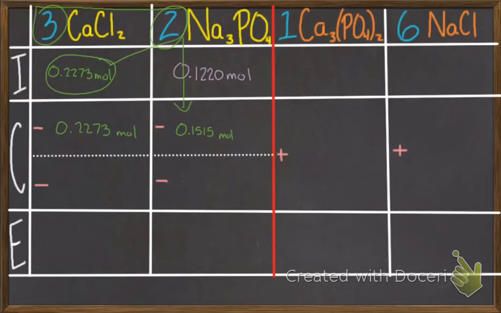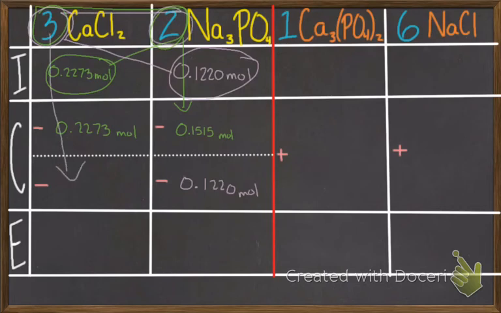So we're going to bring this 0.1220 moles down. And then we're going to evaluate it the same way we did the other one, except we're going to go the opposite way. Multiply by 3, divide by 2. That answer goes down here in this box.